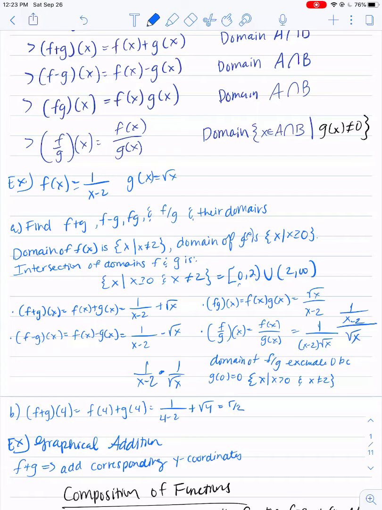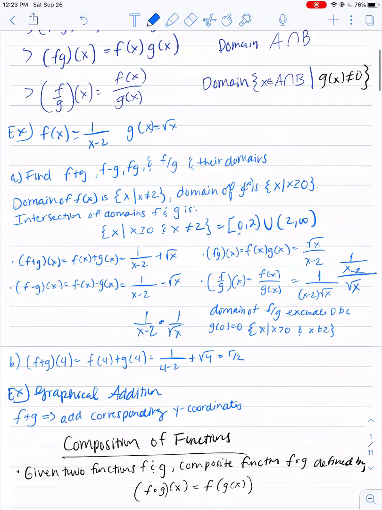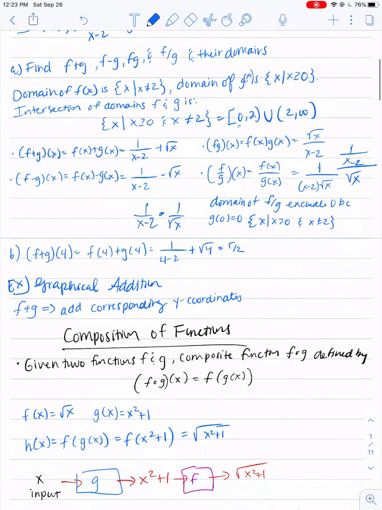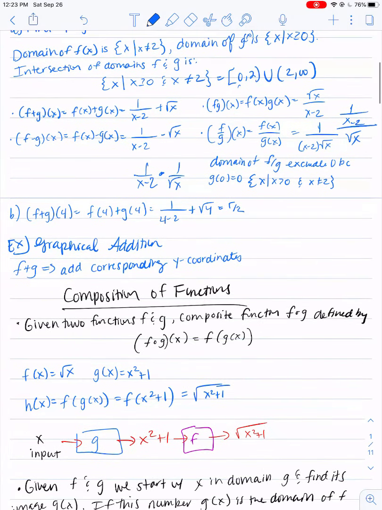In the domain of f over g, we have to exclude 0 from the original domain, because g(0), the square root of 0, is 0, and that would put 0 in the denominator, so we can't have that. So now we update our domain to be x greater than 0 and x cannot equal 2. If we evaluate f plus g at 4, this is going to be f(4) plus g(4).